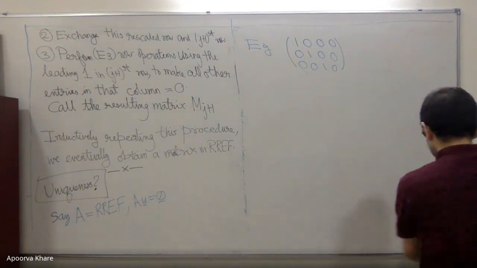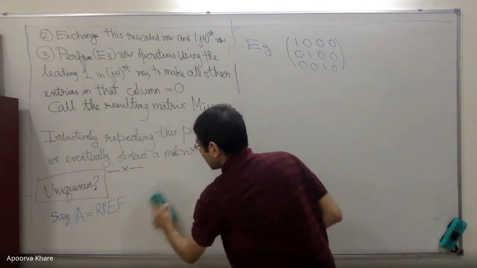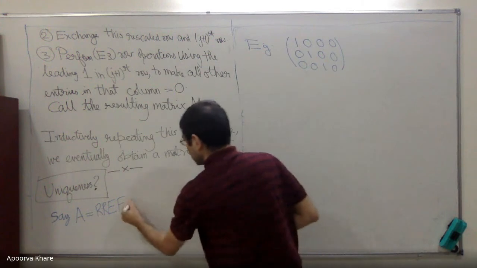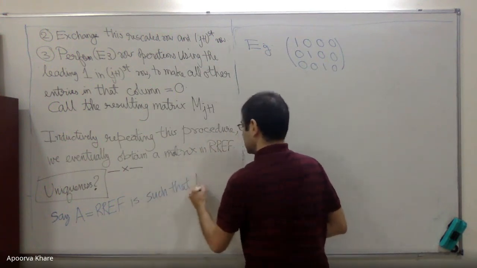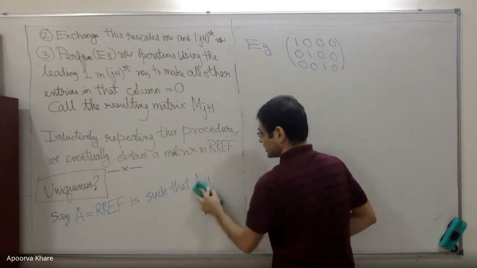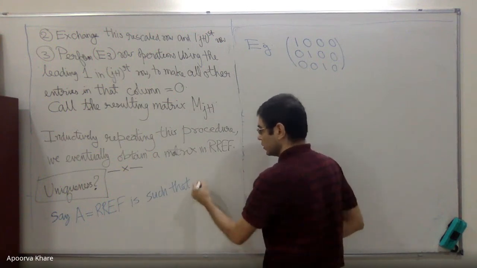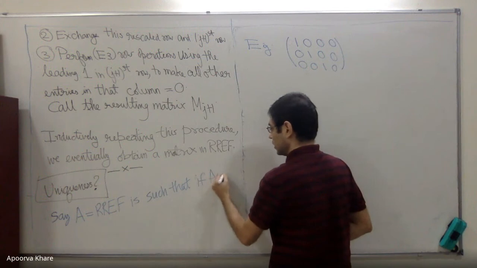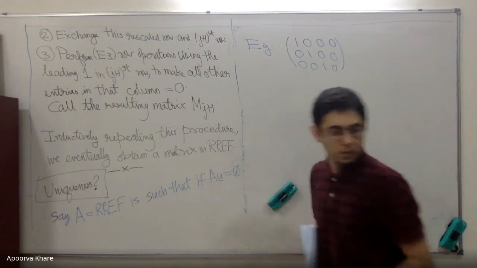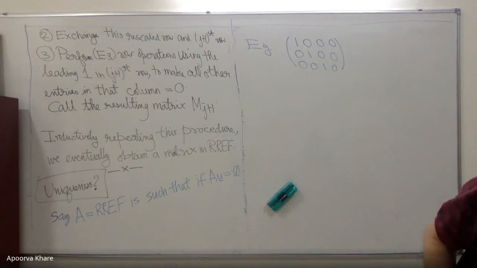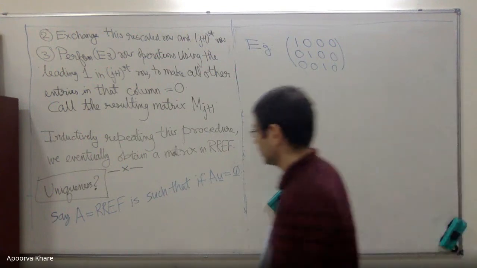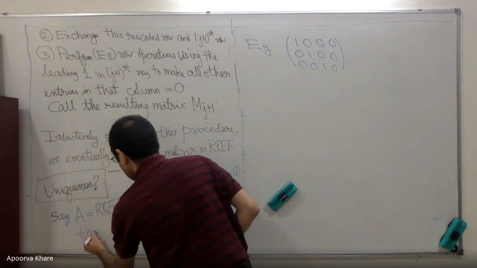So A, the row reduced echelon form, is such that if AU equals 0, so every solution of AU equals 0, then UN equals 0.